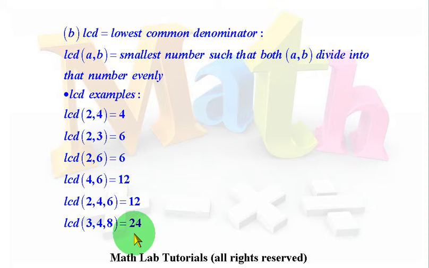The idea is to use the lowest common denominator and to pretty well guess what the LCD might be, rather than go through a formal procedure on how to find the LCD, especially if the numbers involved are quite large. Okay, so let's go ahead and deal with the next problem.